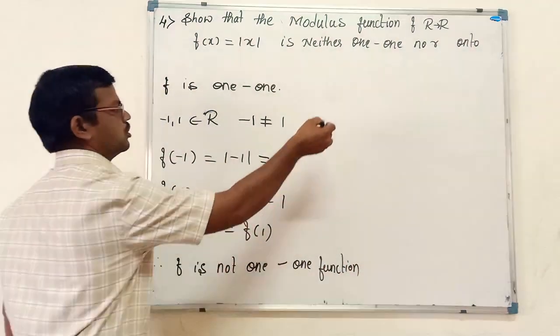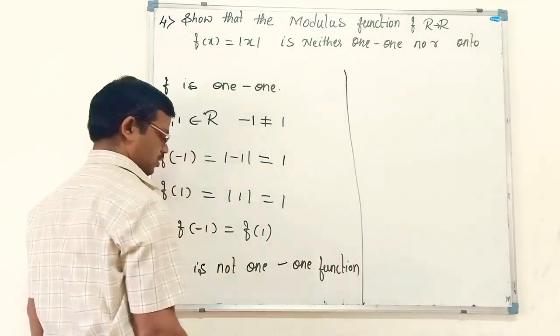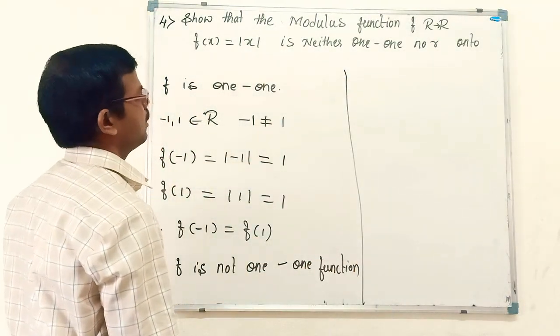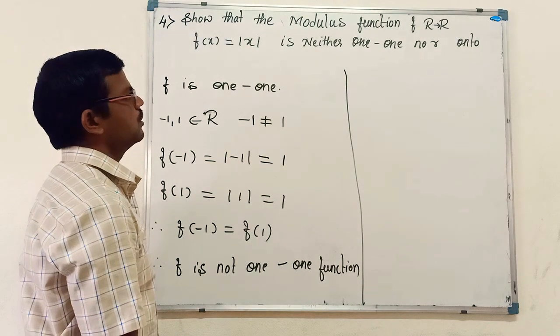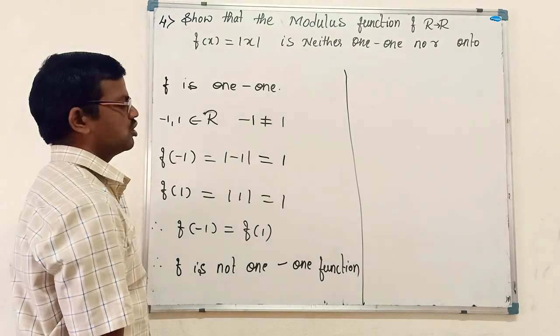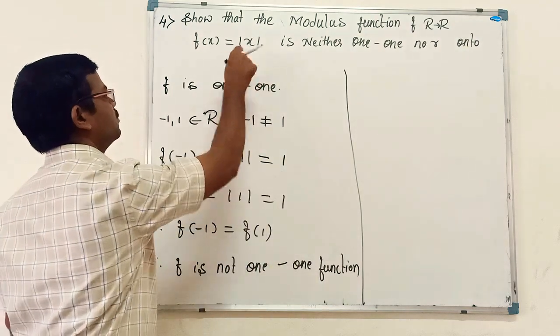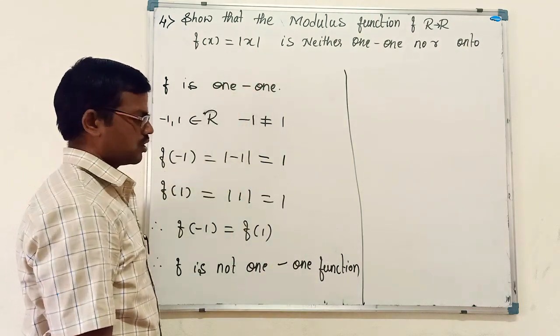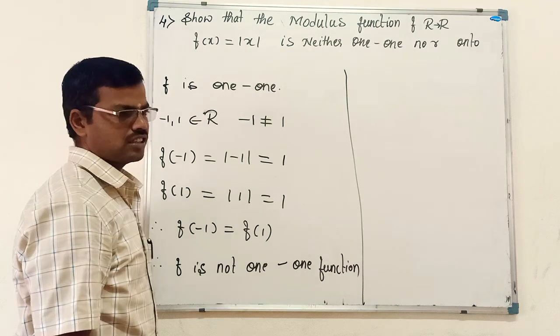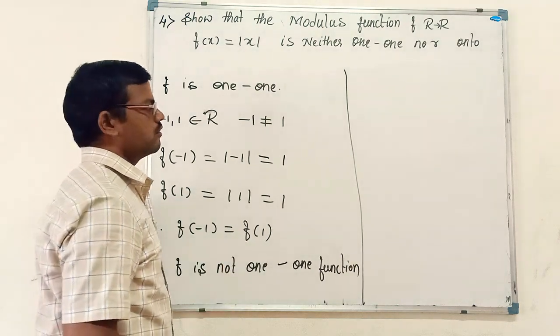Next, the second one is the onto function. It is a standard modulus function, so it is not possible to convert x in terms of y. For that reason we move to the range of the function.